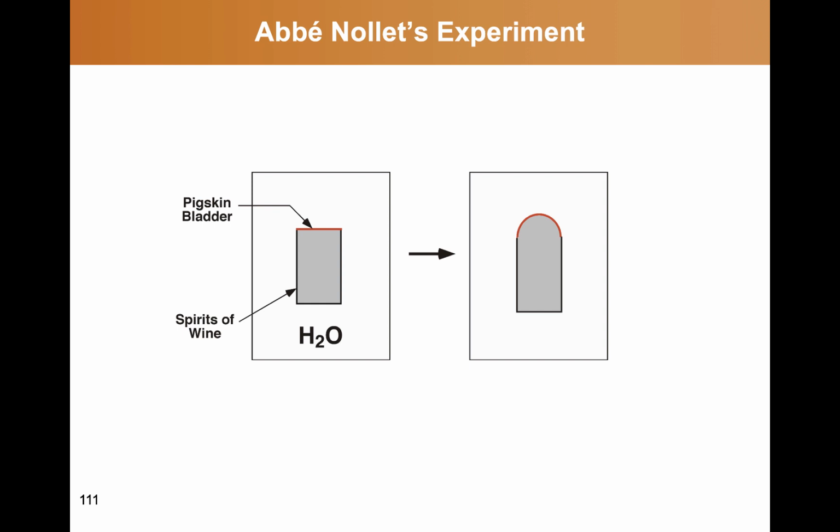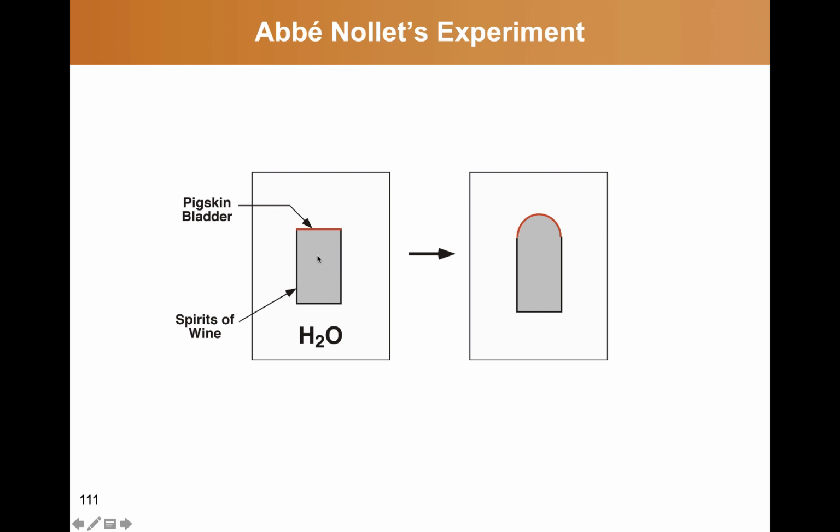This also is quite reminiscent of an experiment I spoke with you about in the first day or two of our time together, and that is the Abbé Nollet's experiment. So this is not restricted to just salt and water. In this case, the Abbé Nollet had an alcohol-water mixture separated by a pigskin bladder from pure water.